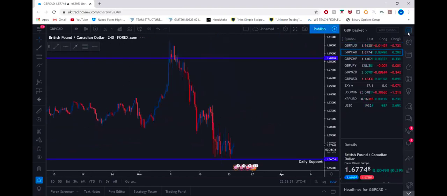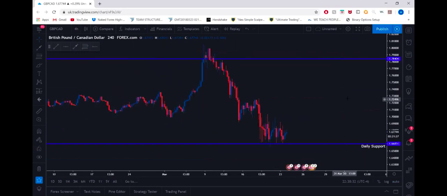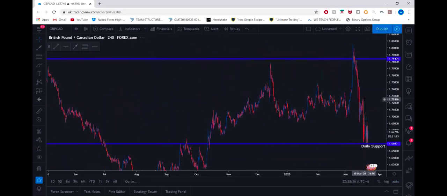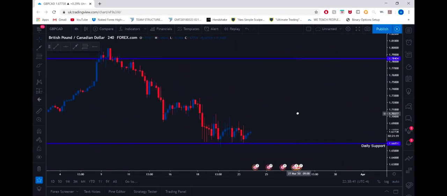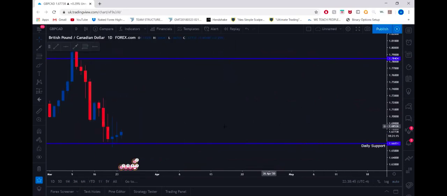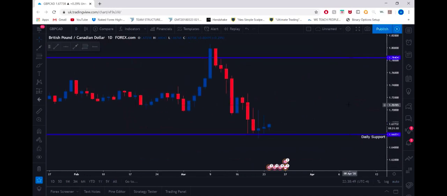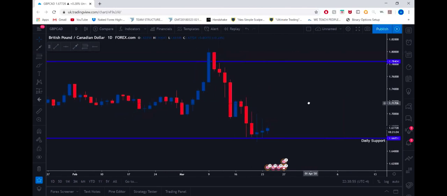Next, GBP CAD. GBP CAD is actually due for a nice reversal. It's sitting at a strong support area, as you see here on the daily. We have a consolidation at this zone on the daily. We do have rejection currently, but I just don't like the bullish wicks that I see here.